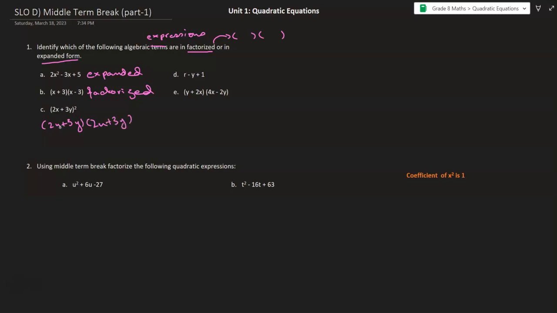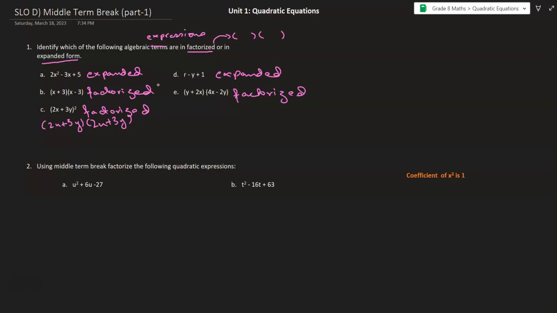So that's a square, which means this bracket is multiplying by itself, and so this is also in bracket form. So this is also factorized. Now, if we talk about question D, we can clearly see that there are no brackets involved and nothing is multiplying. So it's in expanded form, and part E is again in brackets. So this is factorized.